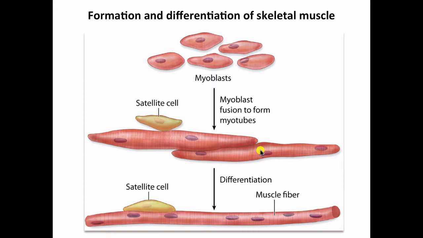And as the myofibrils are synthesized and fill up a myofiber, they take up pretty much the entire content of the muscle fiber, and so all of the organelles such as the nuclei, mitochondria, the endoplasmic reticulum are pushed to the side of the muscle fiber and take up residence right under the plasma membrane or sarcolemma.